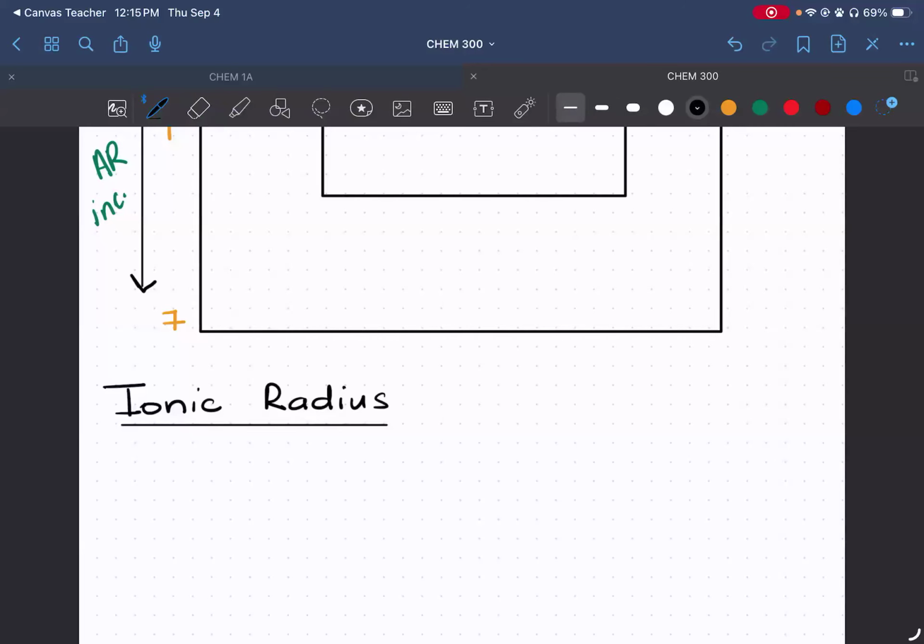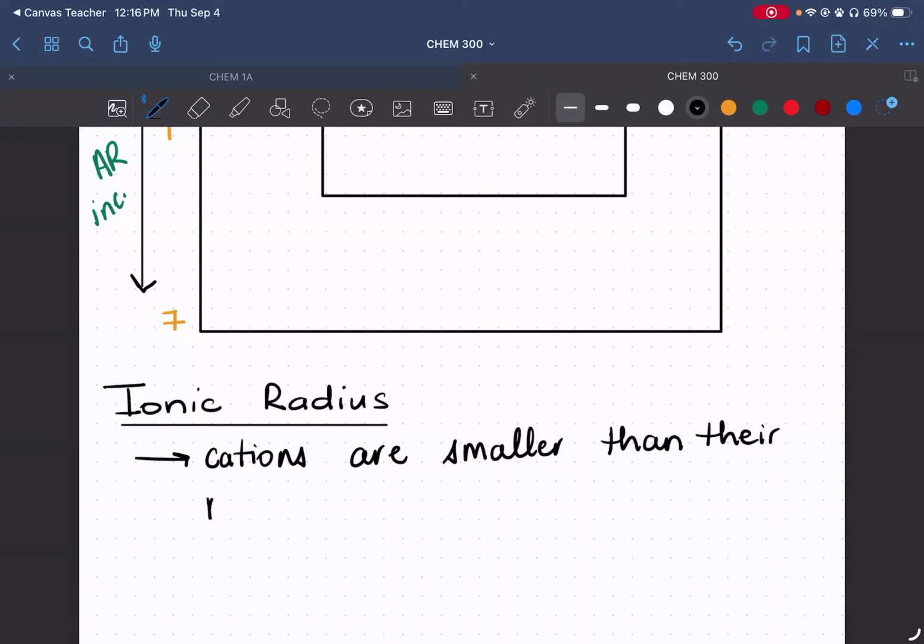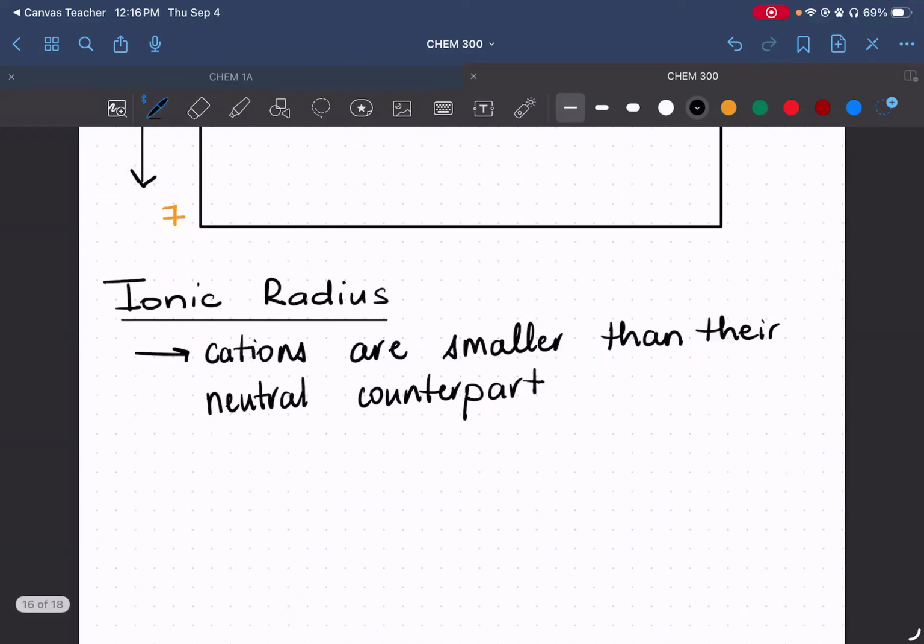Instead, what I will tell you is that cations are smaller than their neutral counterparts. Take, for example, something like lithium.